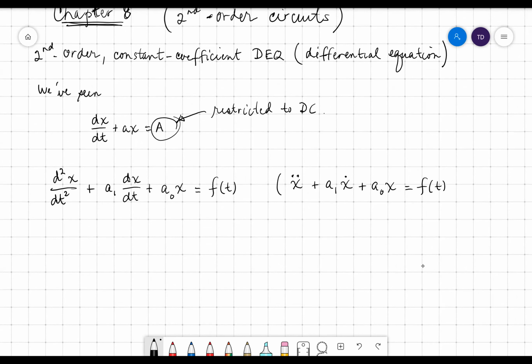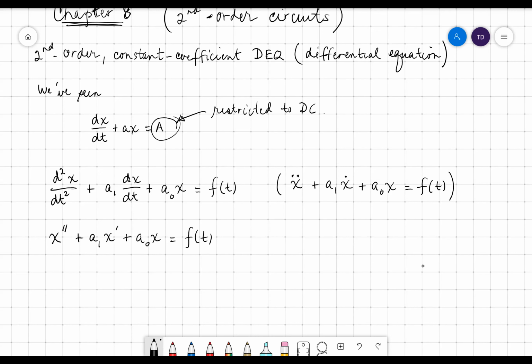I'm not going to use that notation. I'm going to use a notation that's generally used for any type of derivative, whether with respect to x, y, t, or theta. That is this notation: x double prime, second derivative, plus a1 x prime plus a0 x is equal to f of t.